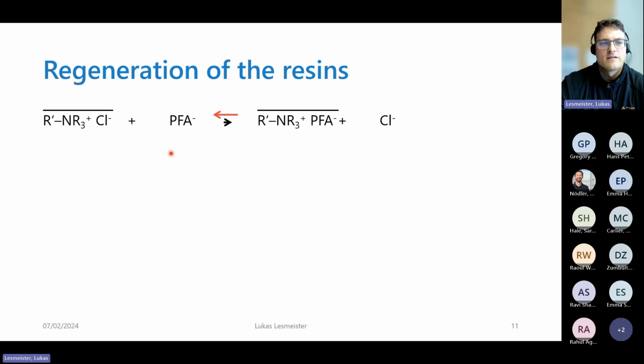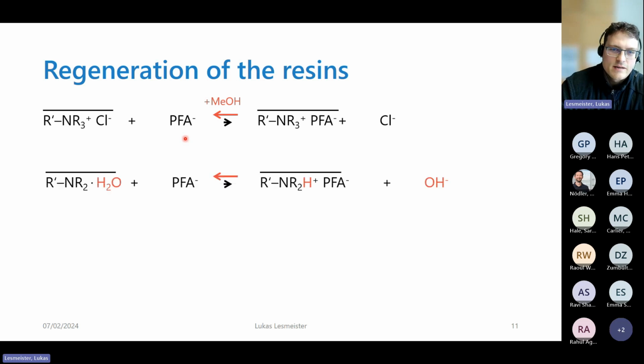Sometimes the hydrophobic interaction contribution is so high that we also have to weaken hydrophobic interactions by using an organic solvent, and we cannot use a regeneration in only water.